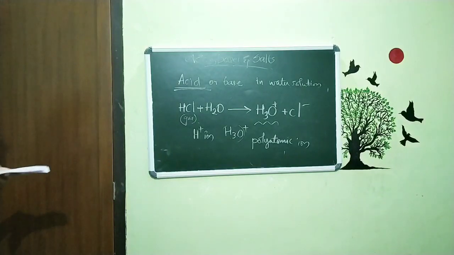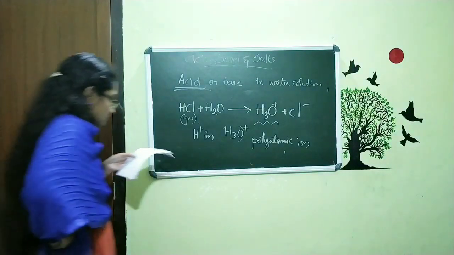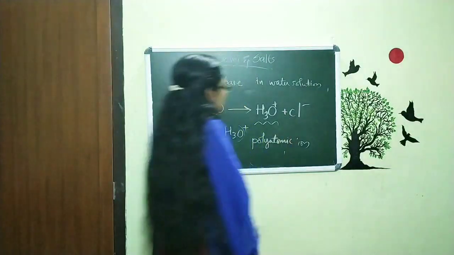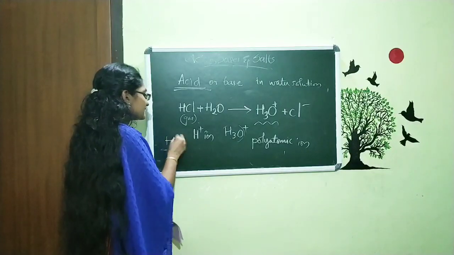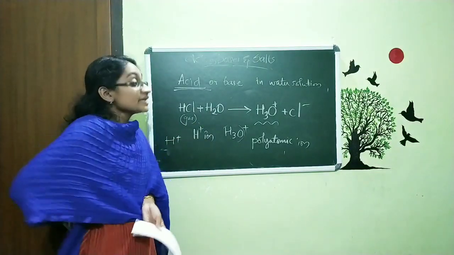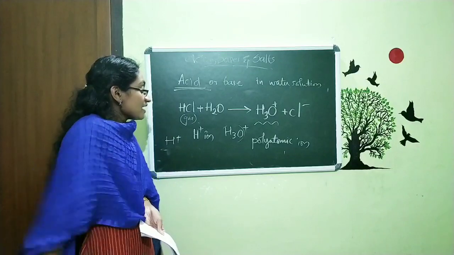And now the question is, what is the name of this H3O plus? And also, why are we not having H plus in this reaction? The reason is very simple.